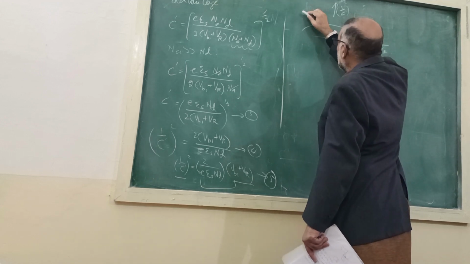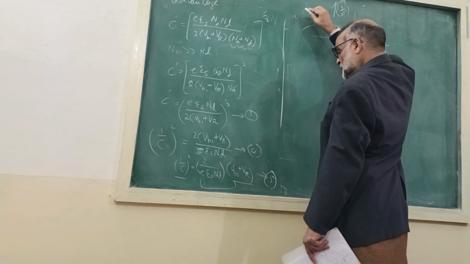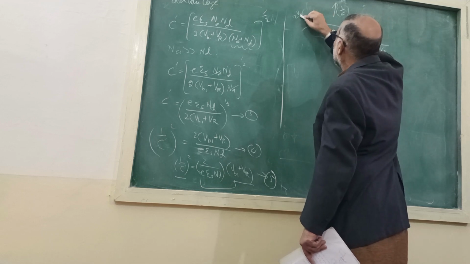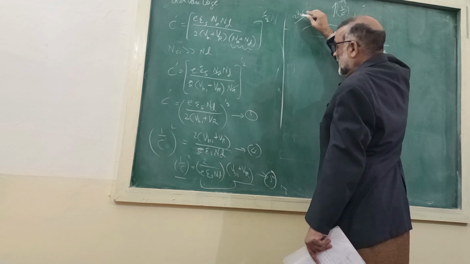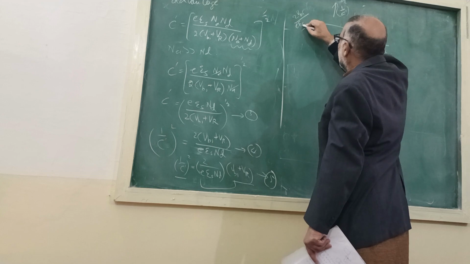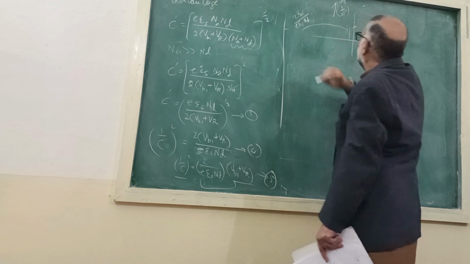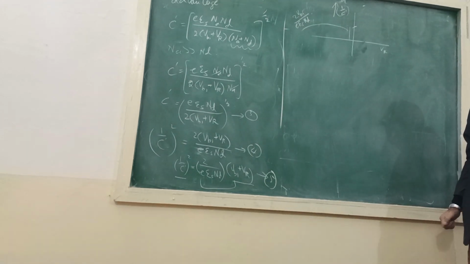So there are 2 VBI divided by ES and D. It has a capacitance, 1 over C, the square of that value.